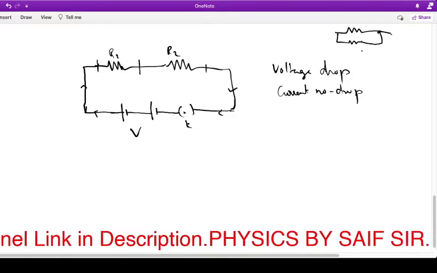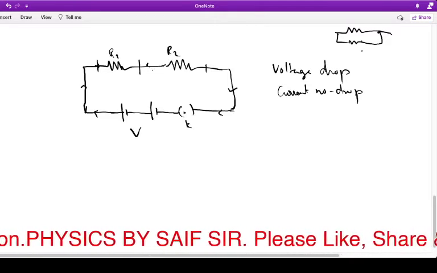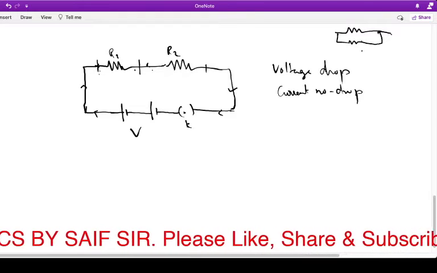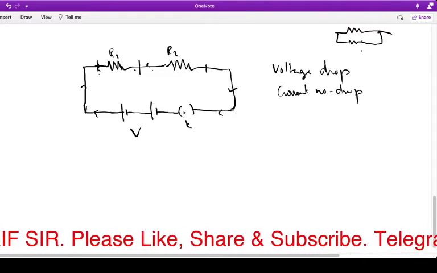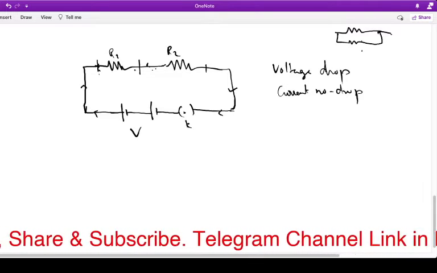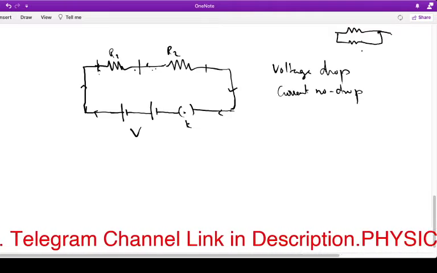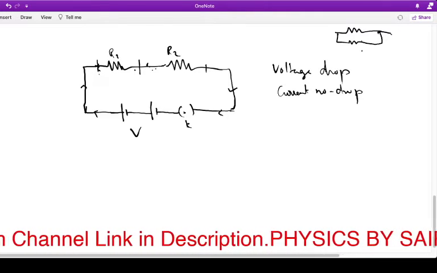Whatever current you get here, the same current will be there at the input of R2. But whatever voltage you get at the beginning of R1, there will be a change at the beginning of R2, and the same again after the output of R2. So just remember, in series there is no drop in current, but there is a voltage drop across the resistance.